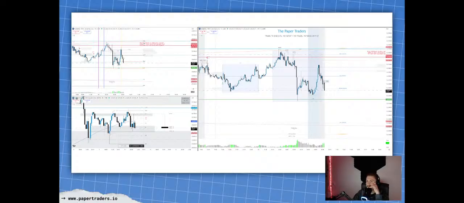Break up the previous day mid so far. It could be a decent area to bounce price.